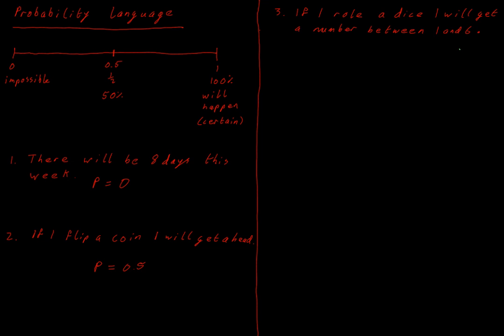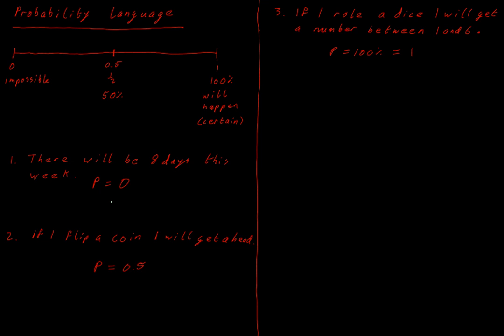So one of them is certainly going to happen. So I would say that I had a probability of 100%. Or, important to remember, a probability of 1. This idea that the probability of all of our possible outcomes being 1 is very important for more advanced probability.